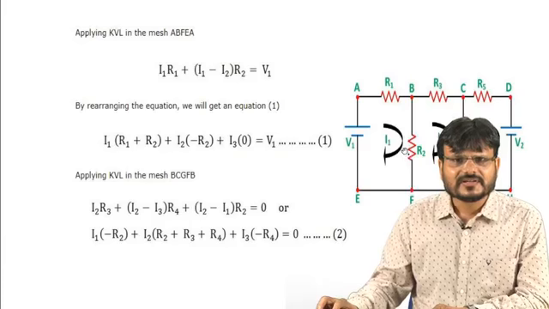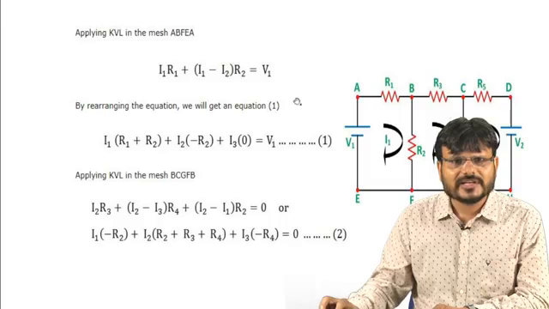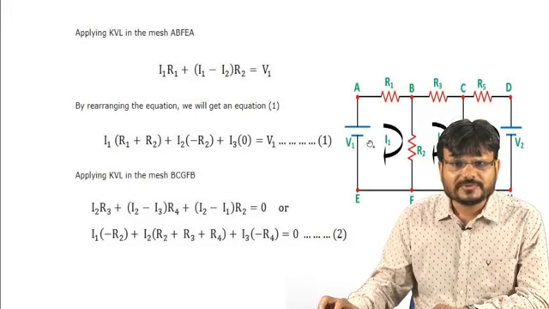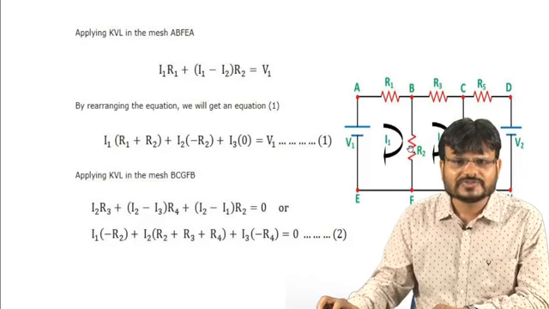Here you can see there are 3 meshes: 1, 2 and 3. In mesh 1, apply KVL around A, B, F, E, A. So V1 minus I1 R1 minus (I1 minus I2) into R2 is equal to 0.